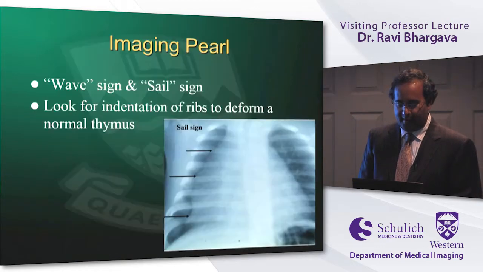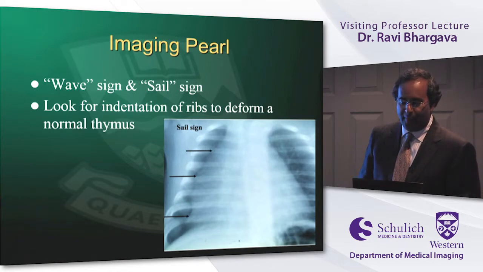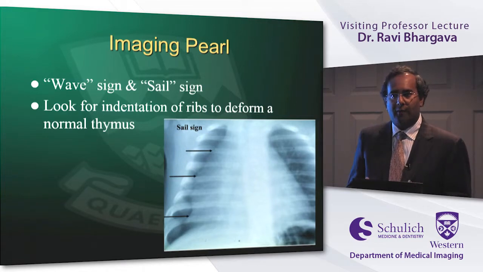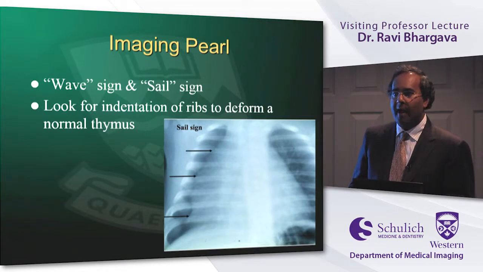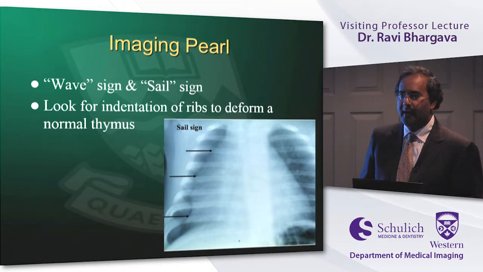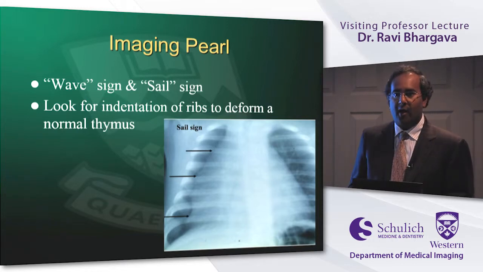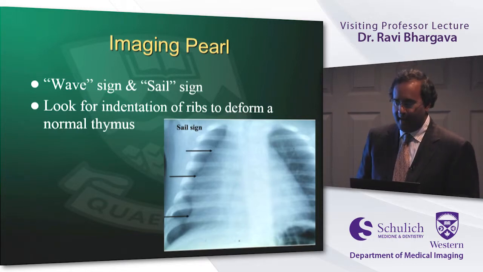This is what's known as the wave sign. This is where the thymus, which is a very soft, pliable structure, interacts with the ribs and will indent. This is not a finding that you would see in a mass, and it's also not a finding that you would see in cardiomegaly. So this represents a normal anterior mediastinum containing thymic tissue.